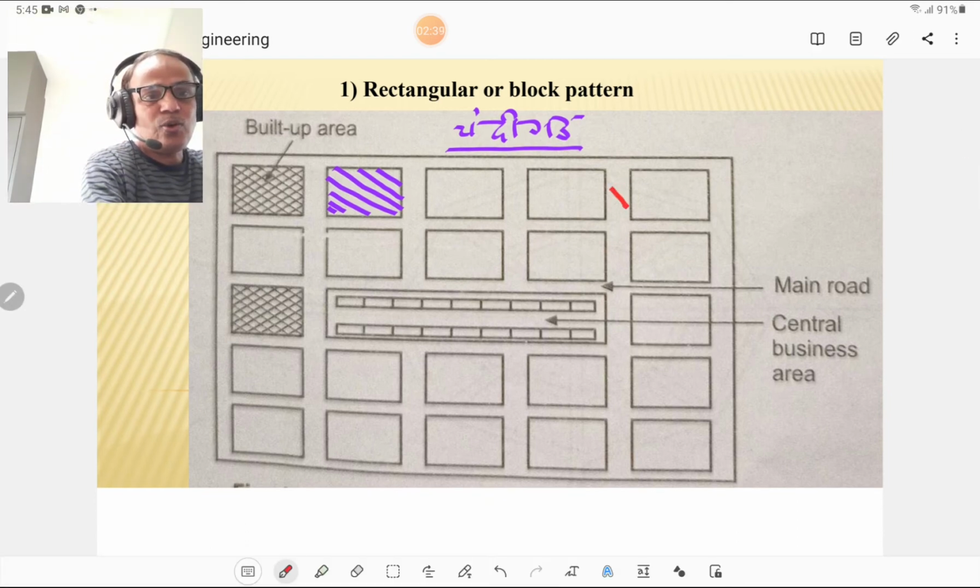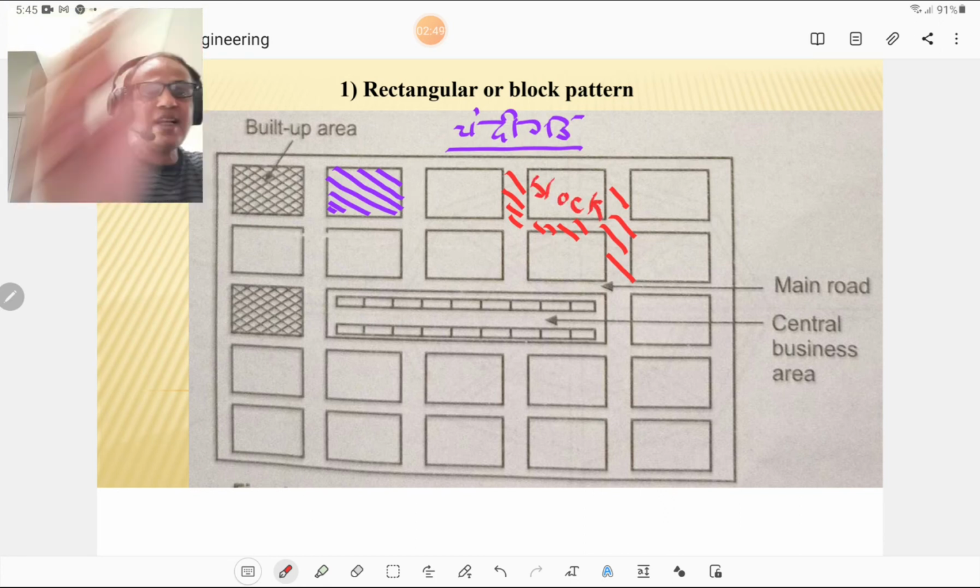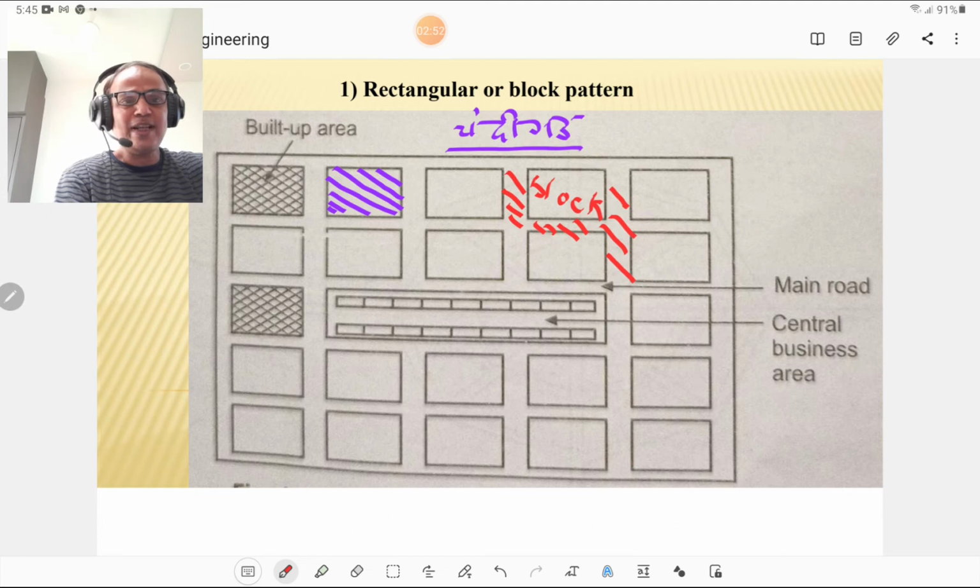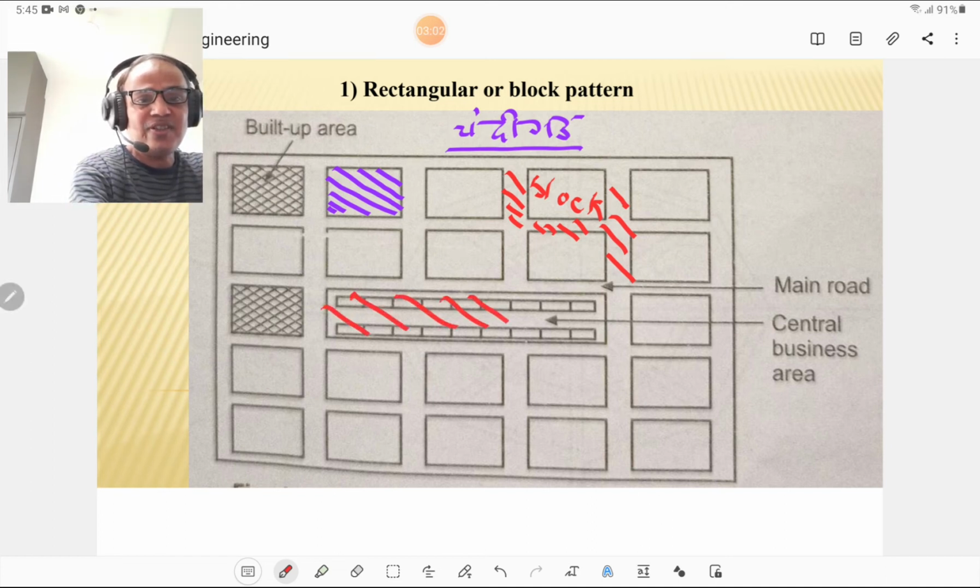This is the road also, this is the road also, and this is the block. So the roads are rectangular and the block is also rectangular, and such a pattern is termed a rectangular or block pattern. In such a pattern there is a central business area in the city.